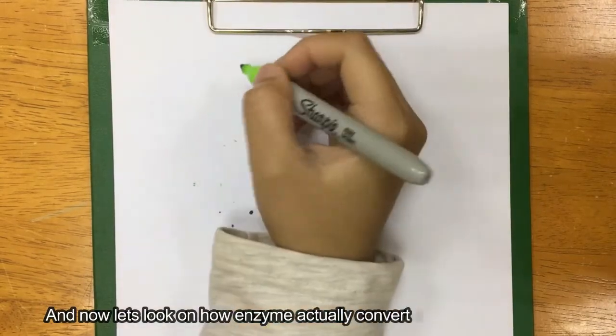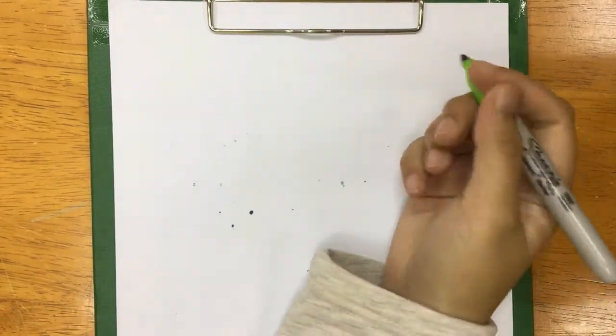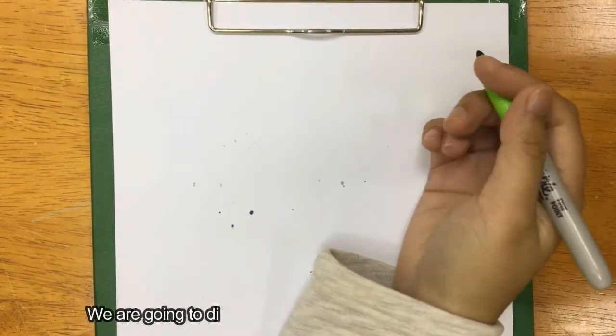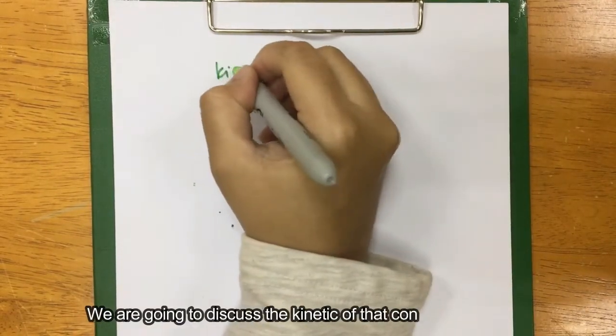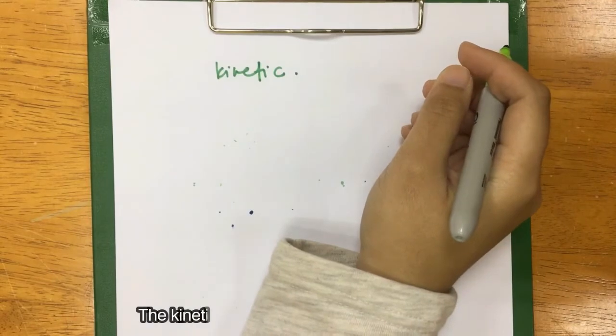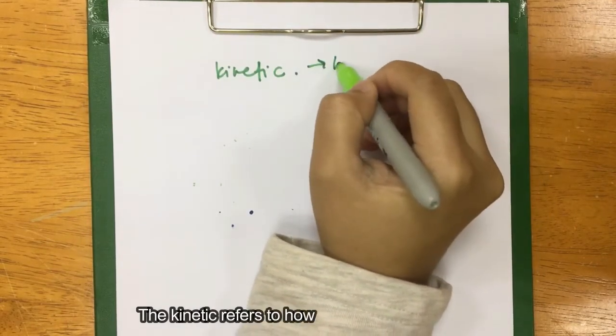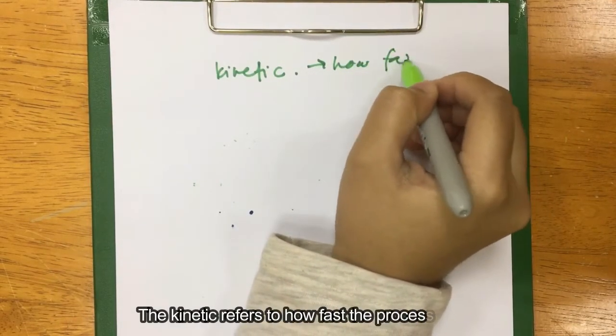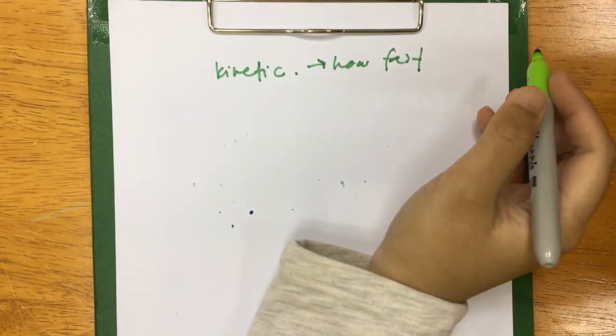And now let's look at how an enzyme actually converts substrate into product. We are going to discuss the kinetics of that conversion to product. The kinetics refers to how fast the process occurs.